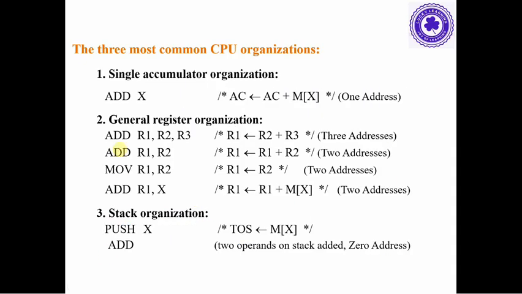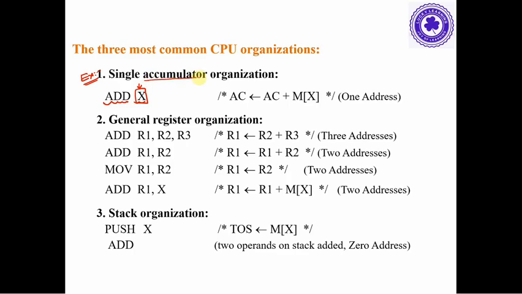Now we'll see a single accumulator organization example. In single accumulator organization, ADD X. Here, X specifies the memory address. Single accumulator organization has a default processor register called accumulator.